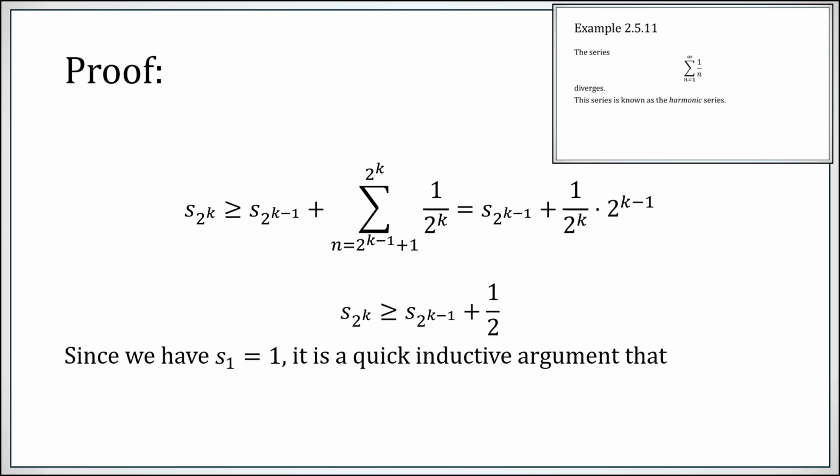Since S1 was equal to 1, there's just a single term in that partial sum, now we can quickly inductively show that the 2 to the kth partial sum is at least as big as 1 plus k times 1/2. Every time you go to the next partial sum in our subsequence, you increase by at least 1/2. Probably more, in fact, definitely more, but at least 1/2. So along our subsequence, you are at least as big as 1 plus k times 1/2.